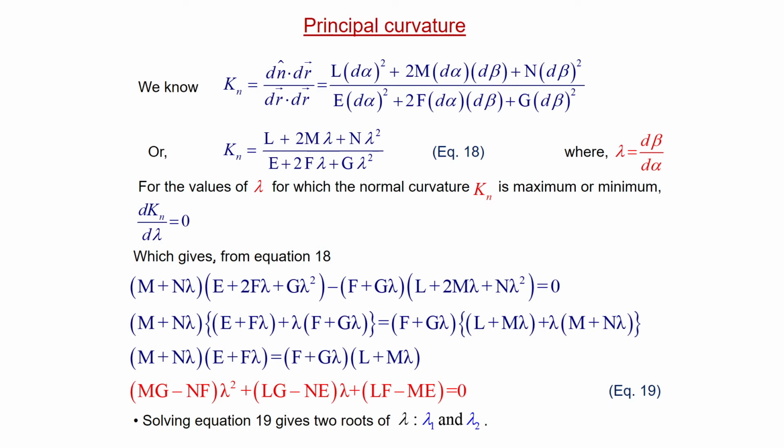Last week we derived that the normal curvature Kn can be written as dn hat dot dr over dr dot dr, where the numerator term is known as the second fundamental form and the denominator is the first fundamental form.